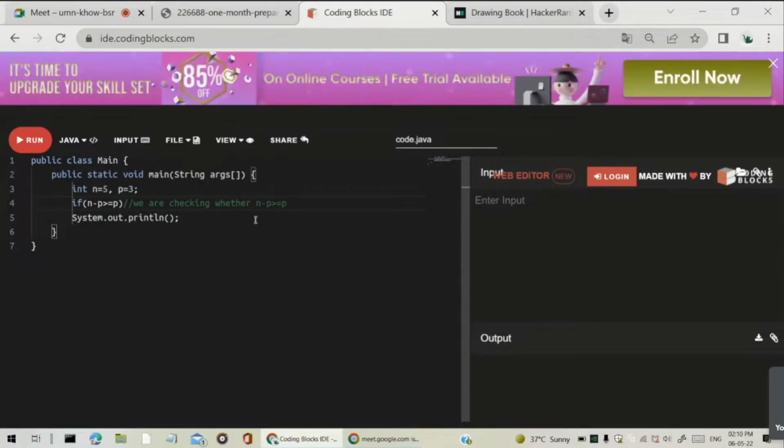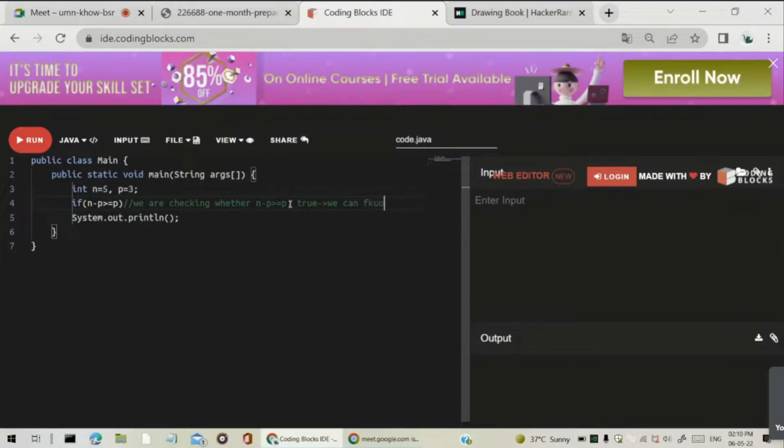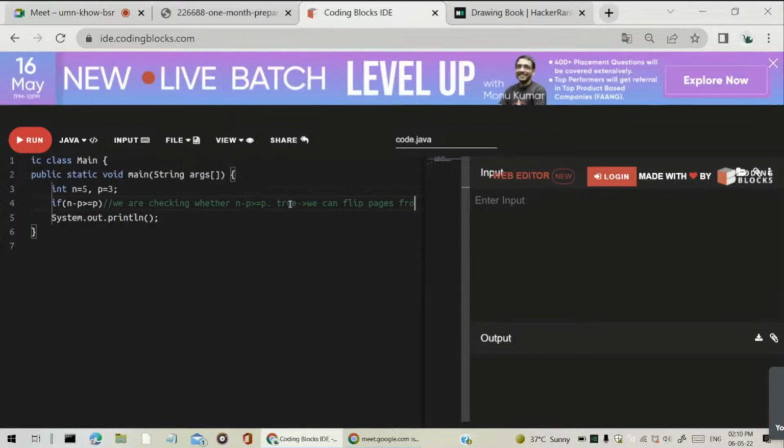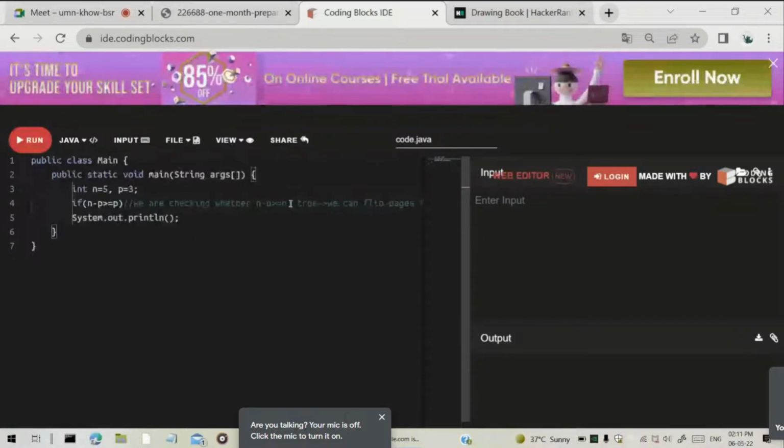That means if this condition is true, then it indicates that we can flip pages from the front side.